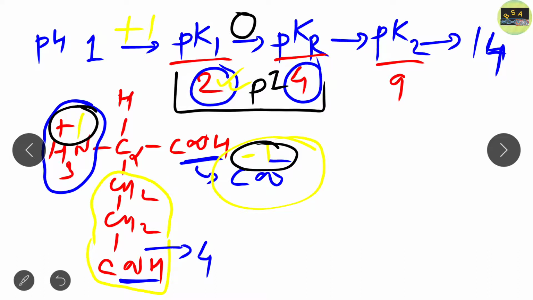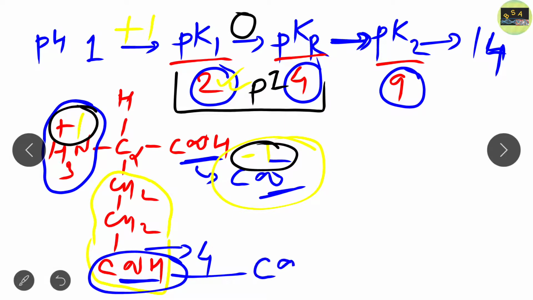Now let's move next. When we move from pKr to pK2, what happened? You know that the pK2 value is 9. So it will remain as COO minus because it is above 2. Now this COH becomes COO minus. Why? Because it goes above 4, that is to 9.